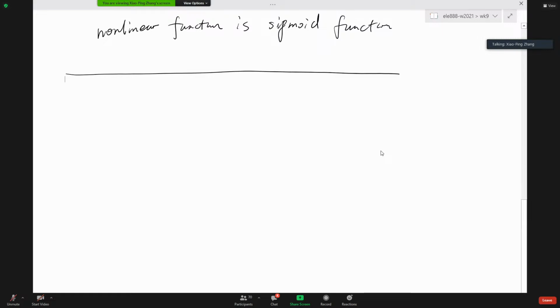So if we have multiple linear discriminant functions, we might be able to approximate a nonlinear boundary, so to speak. Consider this case. Let's only look at two-dimensional space, x1 and x2, because it's easy to draw.